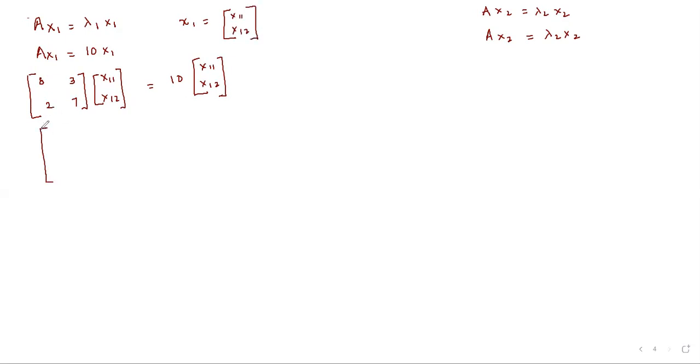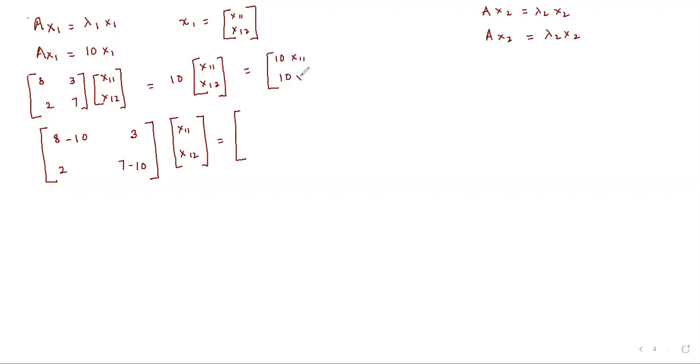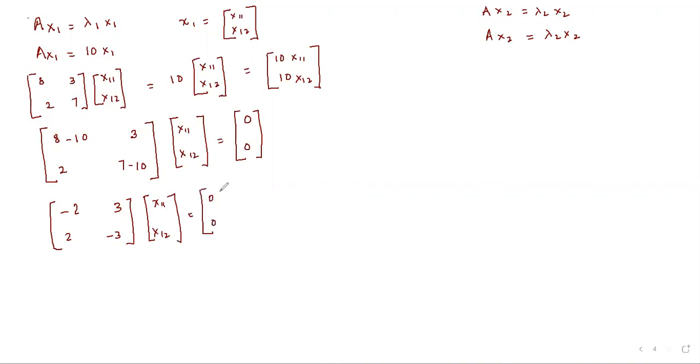Solving this, we get 8 minus 10 and 3, 2, 7 minus 10, times x11, x12, equal to 0, 0, which is a vector. Further solving, we get minus 2, 3, 2, minus 3, times x11, x12 equal to 0, 0.